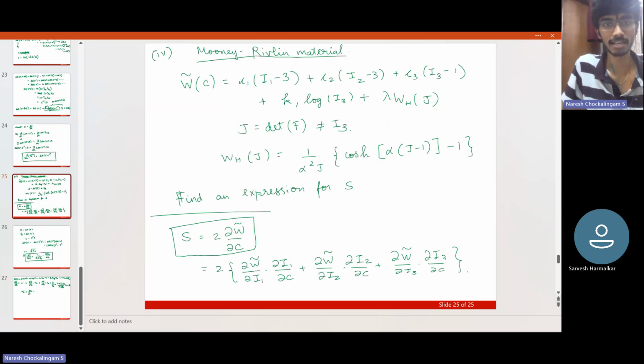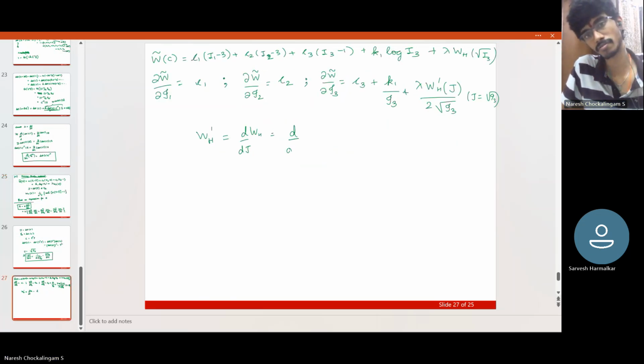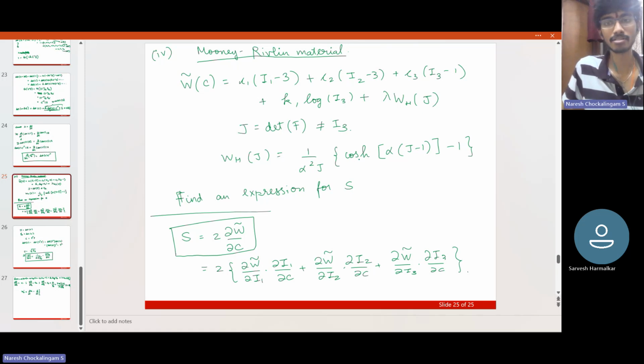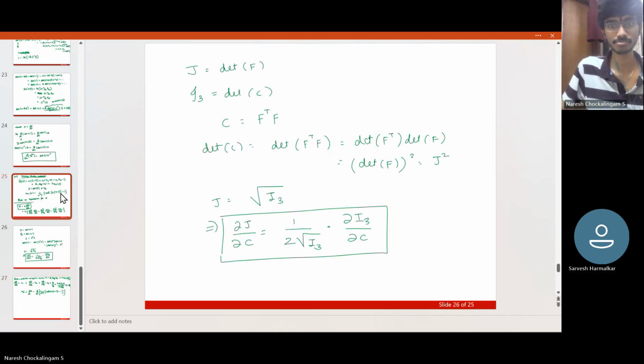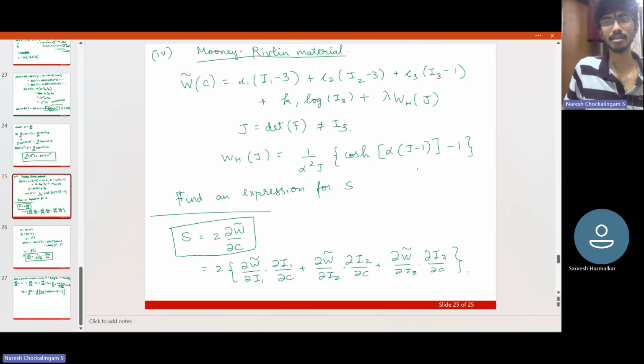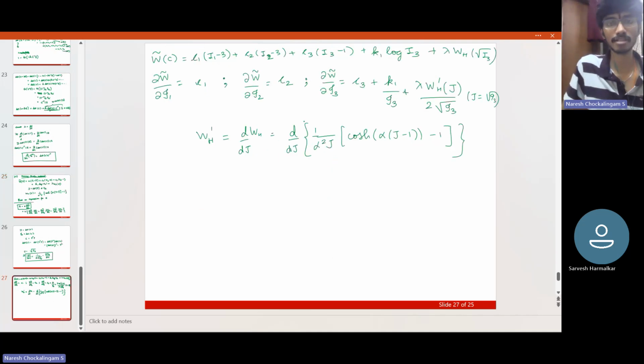So it is d by dJ of 1 by alpha square J, cos hyperbolic of alpha J minus 1, minus 1. Let's do the differentiation.